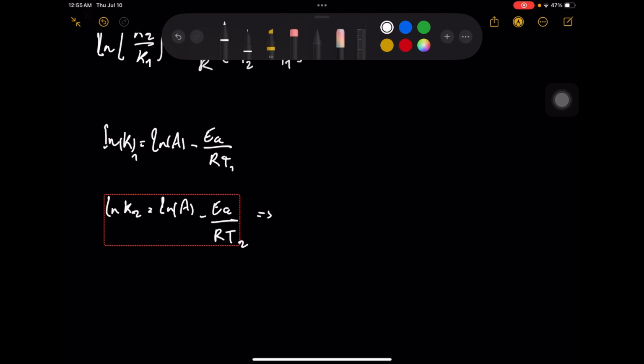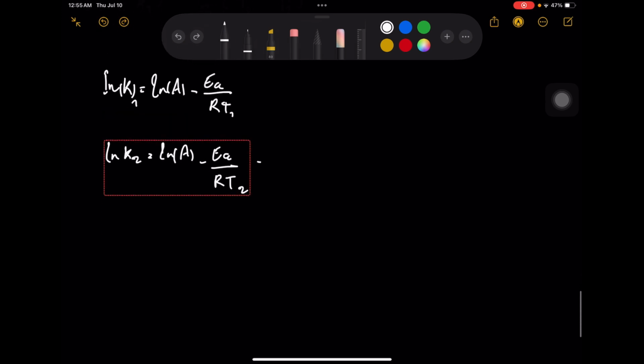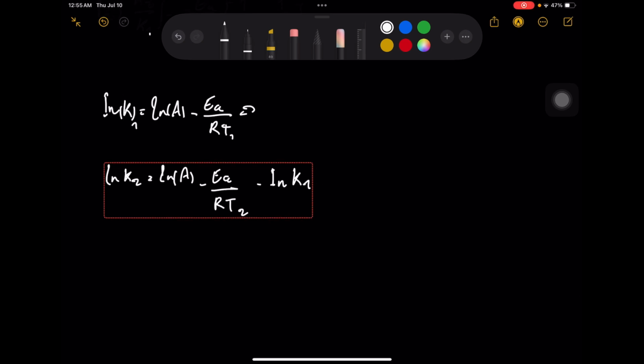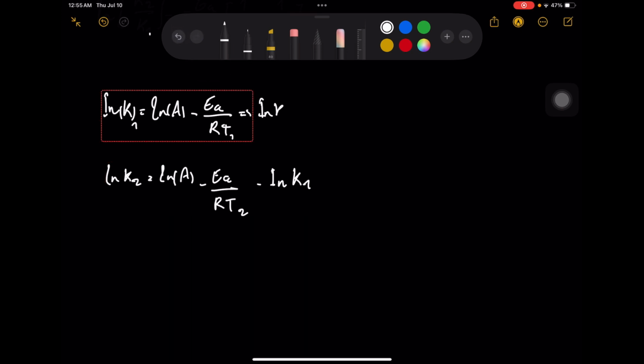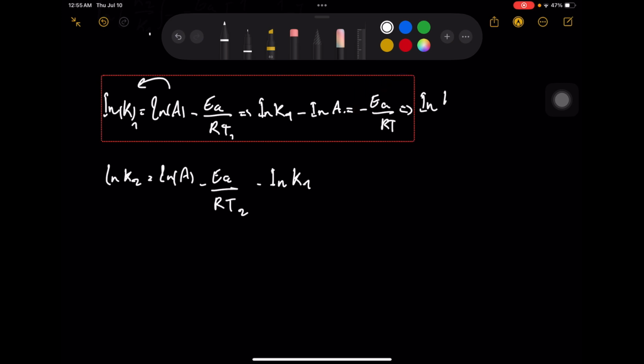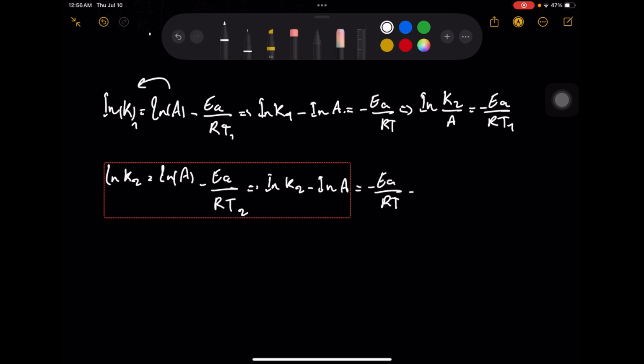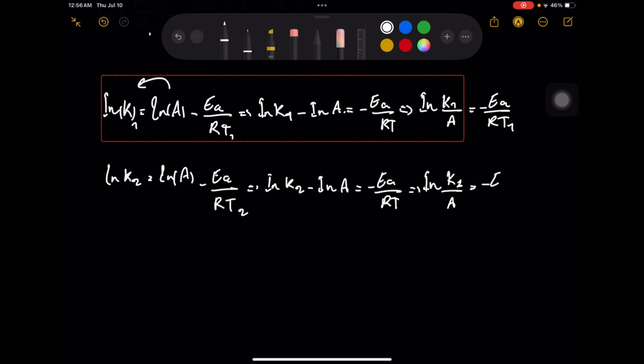So if we subtract these from each other, ln k1 minus ln A equals negative Ea over RT1. And we can again say the same thing, ln k2 minus ln A equals negative Ea over RT2.